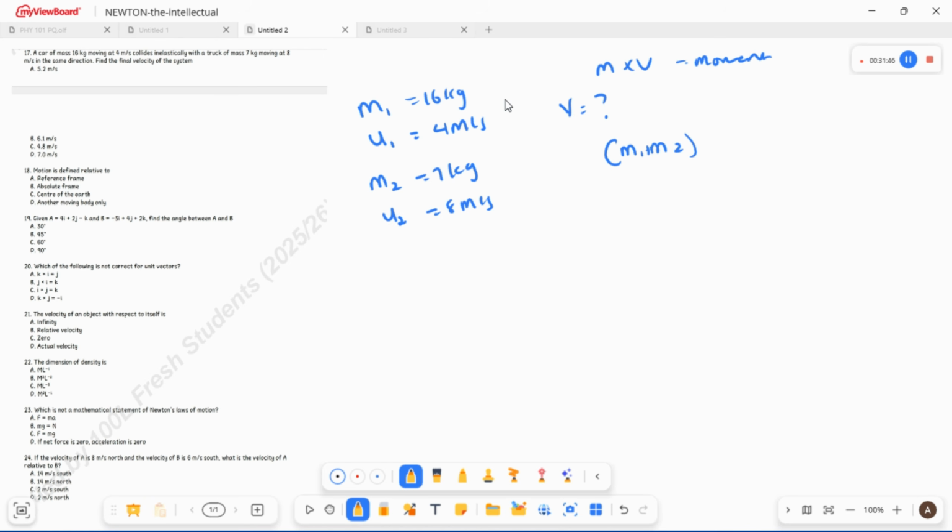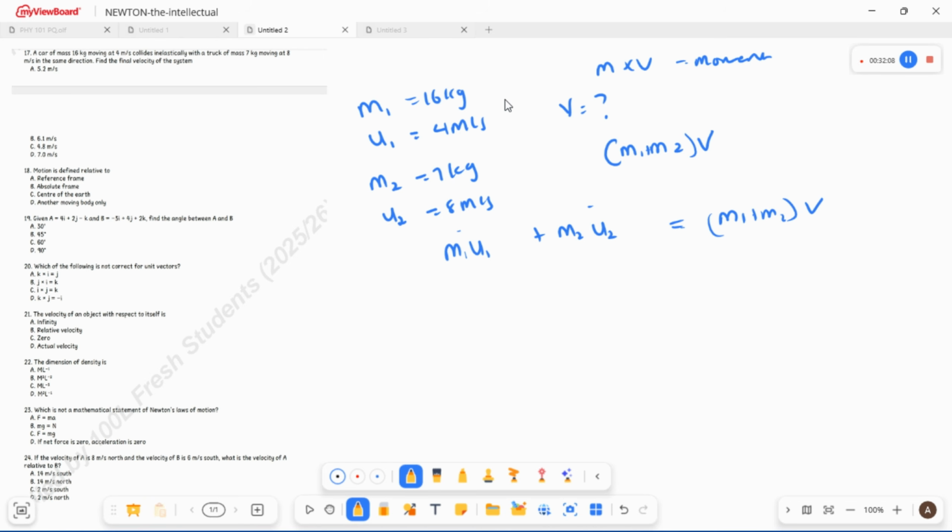And because they join together, they are going to move at the same velocity. So we're going to have M1 U1 plus M2 U2, right? Because this one is the momentum of the first body, and this is the second body, equal to M1 plus M2 times V, right?